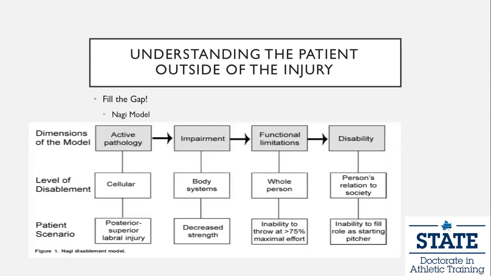So with this, I could start with one of the first disablement models, the Nagi model. It looks at 4 dimensions: the pathology, the impairment, the functional limitations, and the disability. And I think this would be a great way to start changing up how I document.